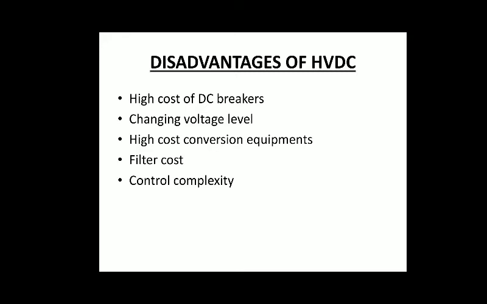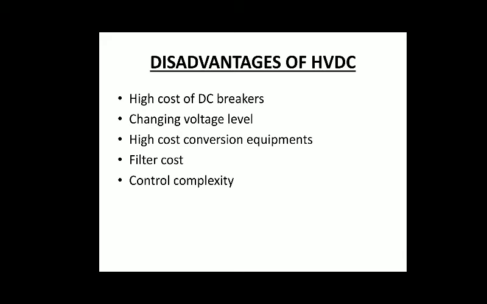What is a filter? A filter is for smoothing the output of the rectifier, because, as we'll see further in this slide, the rectifier output is not plain but rippled, and to remove those oscillations we have to use a filter. And a filter is a combination of inductor and capacitor, and both of those cost money, okay. So this is another disadvantage of HVDC.